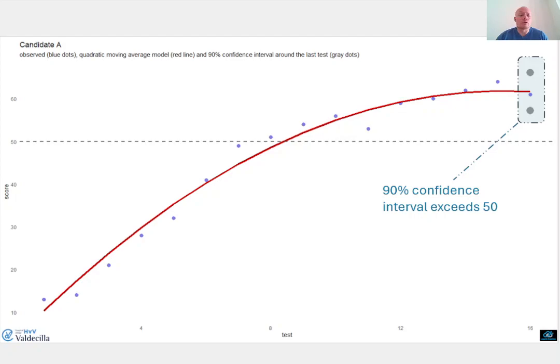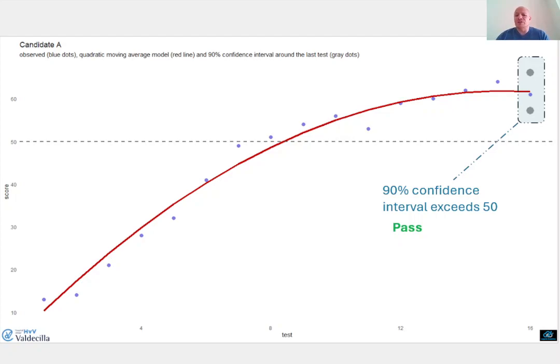One of the functions of a confidence interval is that it expresses which null hypothesis would be rejected at a given statistical significance level, which for a 90% confidence interval means two-sided, a 10% statistical significance level, or here one-sided 5% statistical significance level. The null hypothesis in this case is 50, which is below the 90% confidence interval, and therefore part of the set of null hypotheses that we can reject, and therefore the candidate passes.